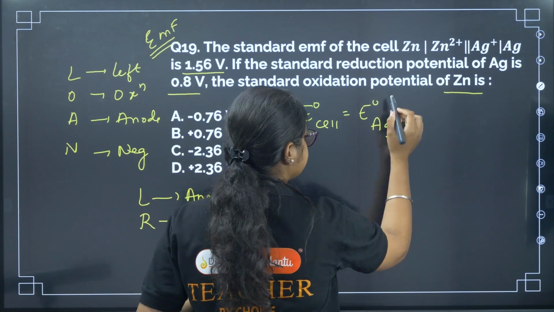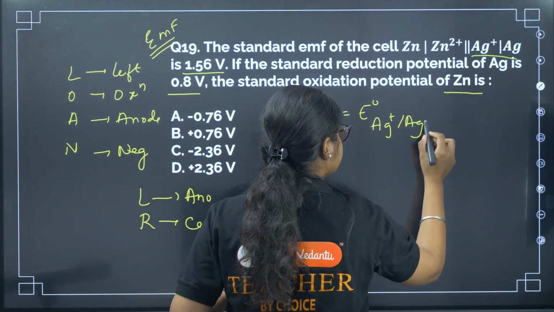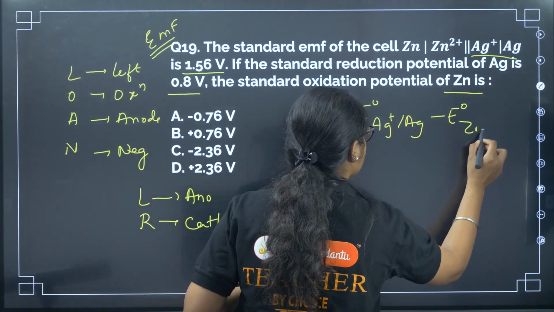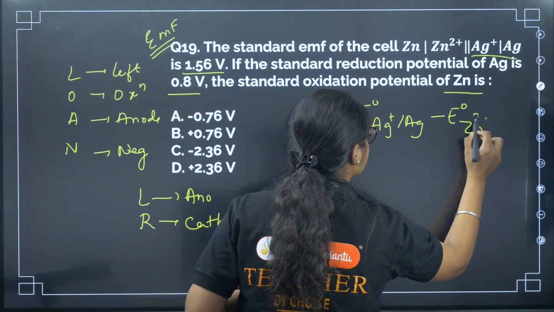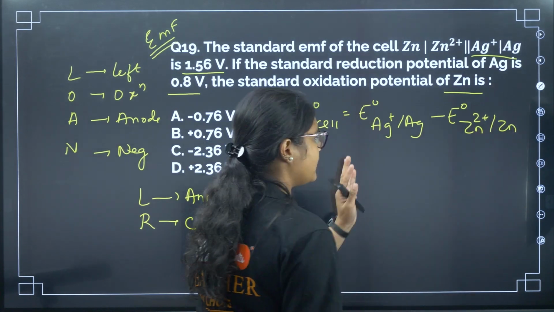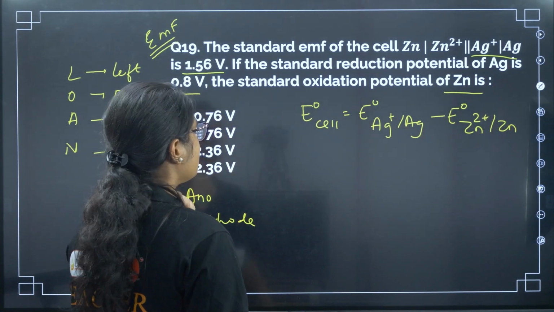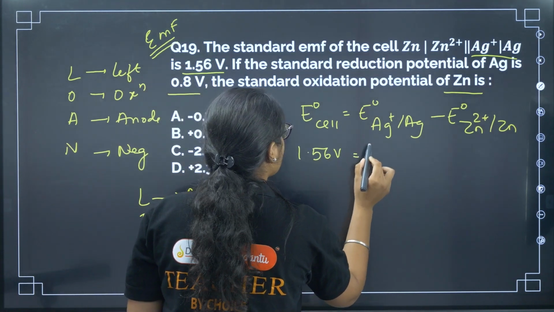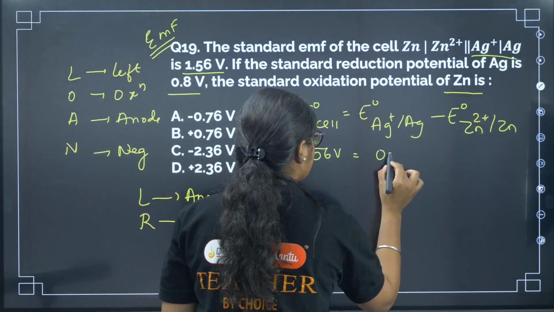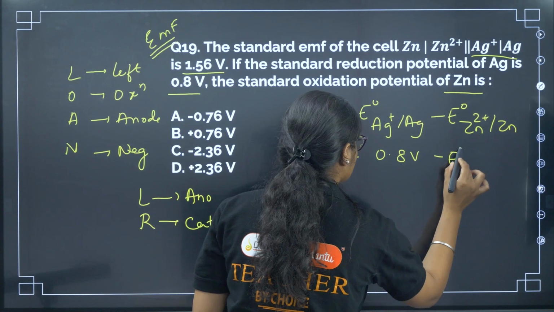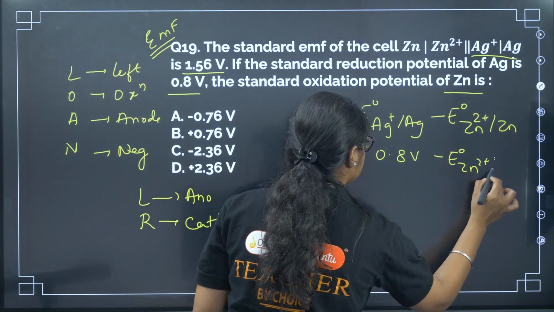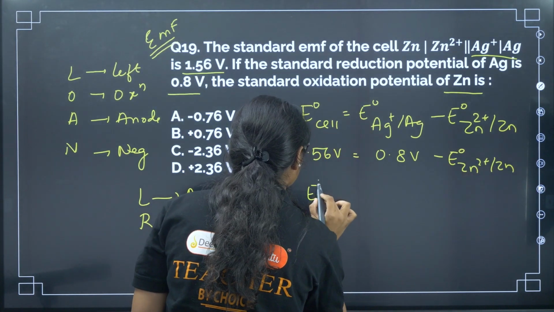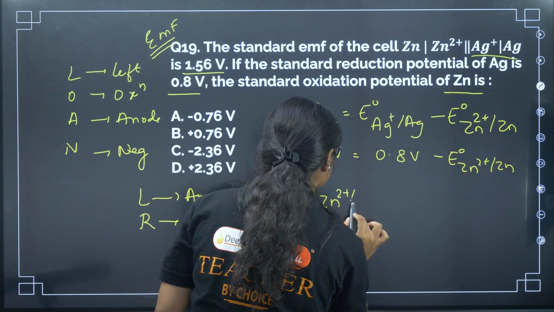So E naught of a cathode, that is your right side, minus E naught of anode, that is Zn2 plus, Zn. We are taking the reduction potentials. So E naught of the cell is how much? Given to is 1.56 volt, okay, and E naught of silver is 0.8 volt and minus E naught of Zn2 plus, Zn. So what will be the value of E naught of Zn2 plus, Zn?